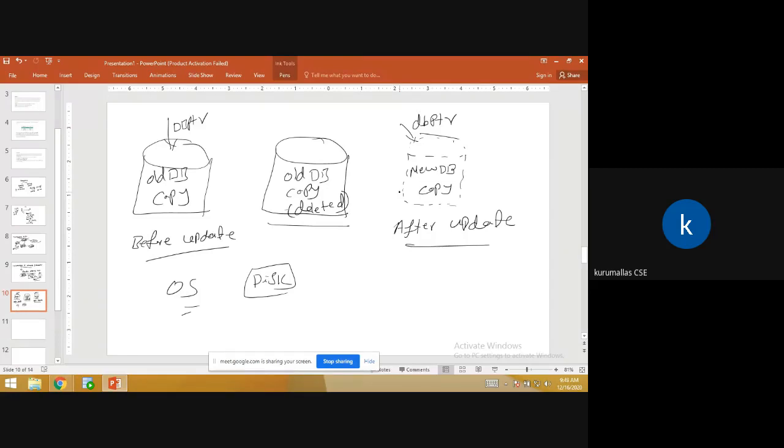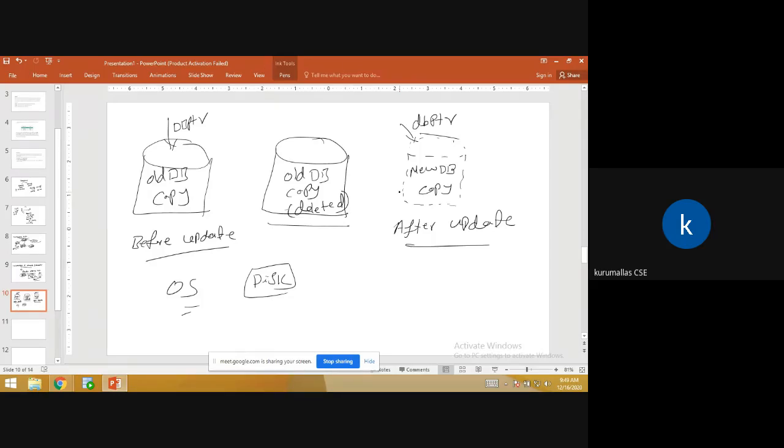We have five states in a transaction. If a transaction is running, it is in the active state.